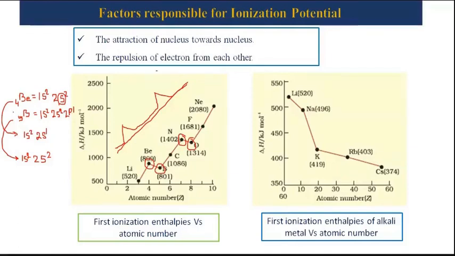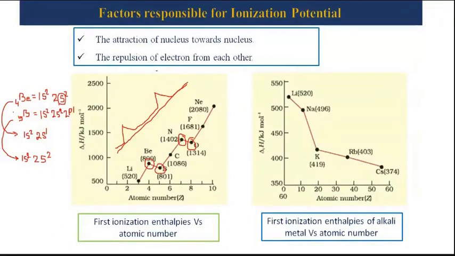Because boron has its valence electron in a p orbital. By shedding this one electron, it obtains a configuration similar to beryllium, and that is a stable configuration. So earlier boron is a bit unstable, but after shedding the one electron, it has obtained the electronic configuration of stable nature. So of course it will release the electron very easily, and that's why lesser energy will be required in case of boron.